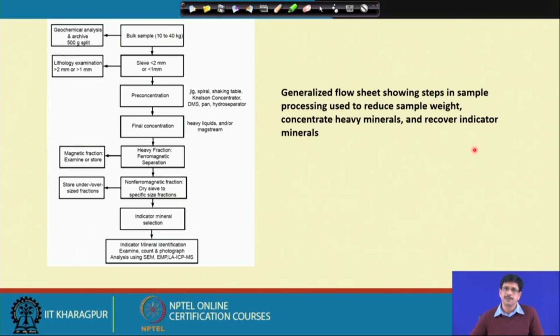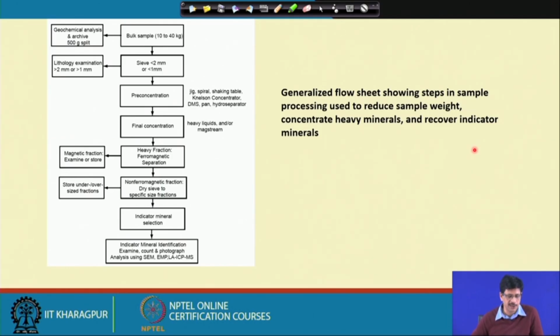The stream sediments in any area, first of all, by our reconnaissance survey and the way we have defined how we are going to choose a target area for exploration of diamond, if we happen to be recovering the stream sediments in bulk quantities, then these indicator minerals have to be concentrated by virtue of their physical properties, and then examined to see what exactly they are indicating. The bulk samples of about 10 to 40 kg are recovered generally.